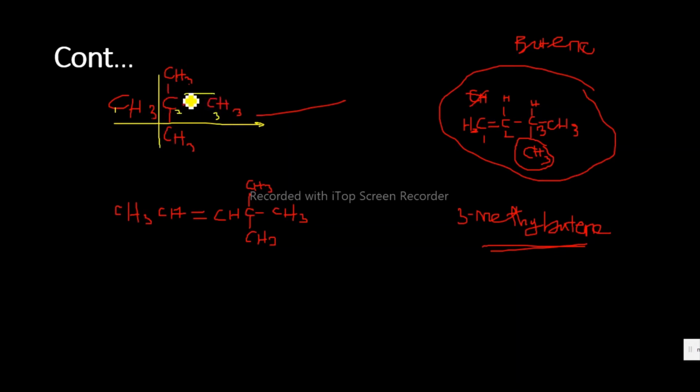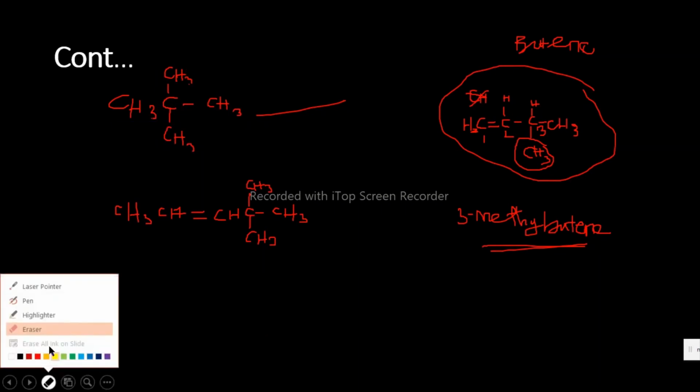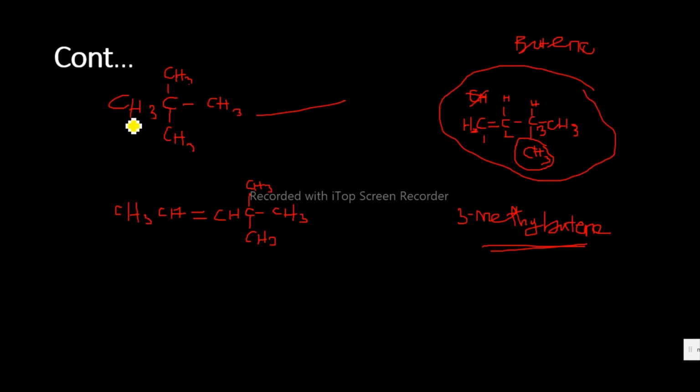Whichever way you do, it is the same thing, 1, 2, 3. So you just consider the side that favors you, and in my case, I'll consider this side as my parent chain. Then the rest are groups attached on the parent chain.